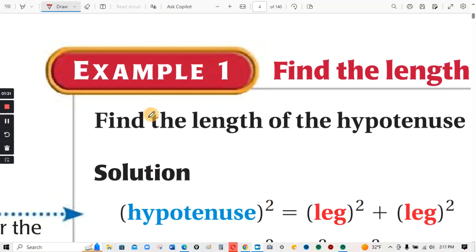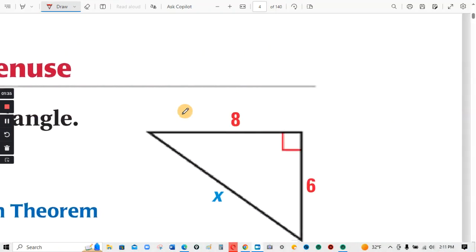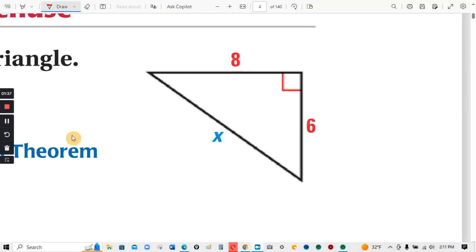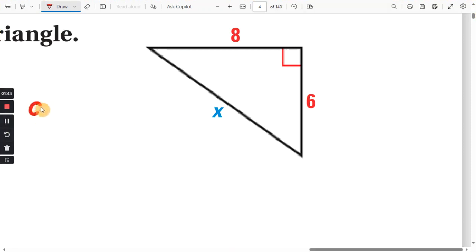Example 1, find the length of the hypotenuse of the right triangle. Okay, let's just go right to the diagram. So here is our right triangle. We're going to use a squared plus b squared equals c squared. Okay, see if you can solve this one, please.